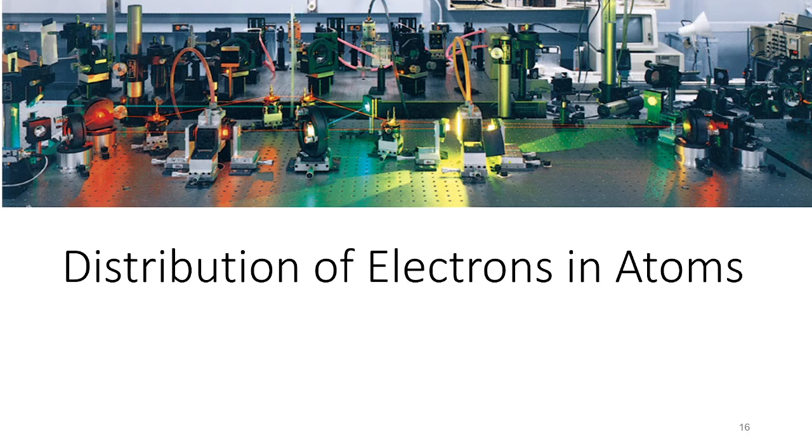So for this part of the lecture, this is the continuation of the structure of an atom and quantum numbers. In here, we will be talking about the distribution of electrons in an atom. This is actually what we call the atomic quantum numbers. In this video, we'll be tackling the Schrodinger wave equations.